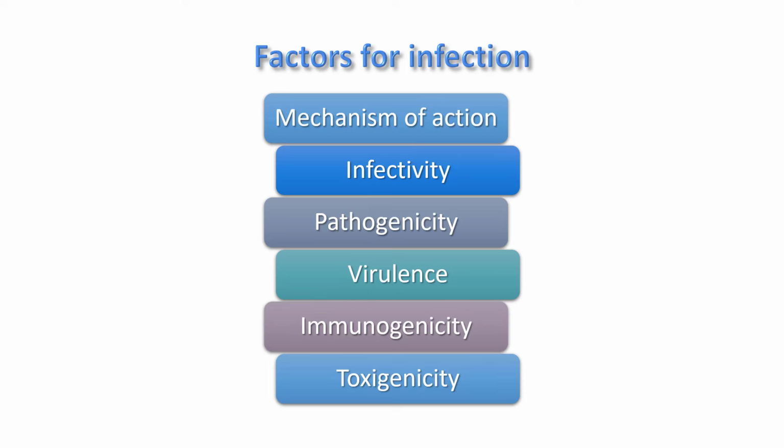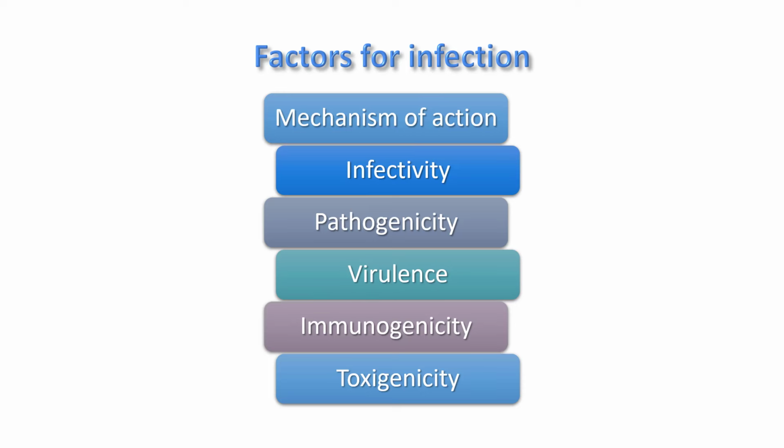Pathogenicity is the ability of a microorganism to produce disease. A very simple definition. Virulence is how many pathogens are required to cause a disease. So if a microorganism is highly virulent, it means a very small number of these microorganisms are able to cause disease. So they are more virulent.